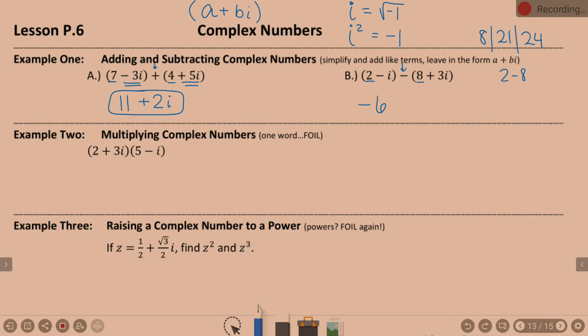Then what? -i minus 3i. What is that? -4i. -1 minus 3, right? And the final answer is -6 minus 4i.